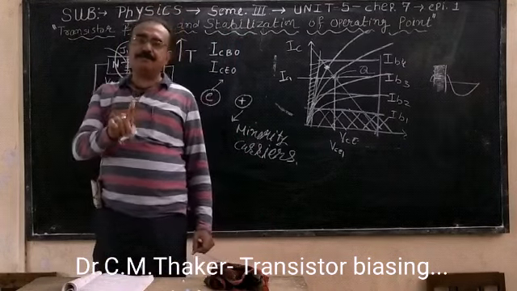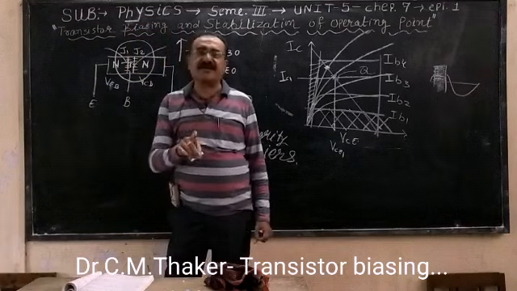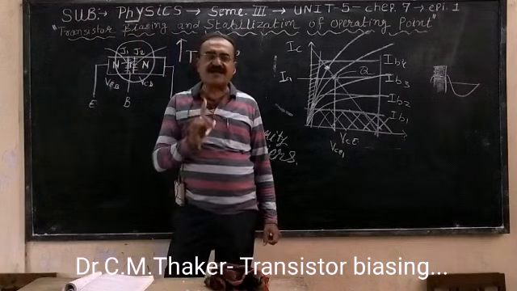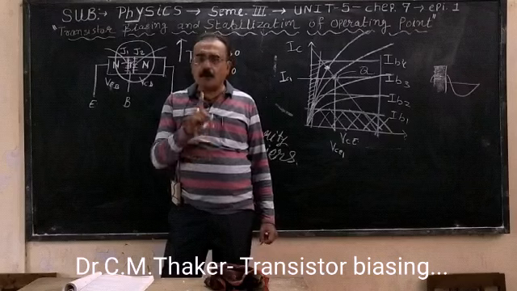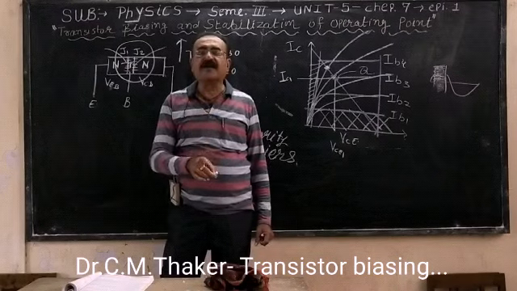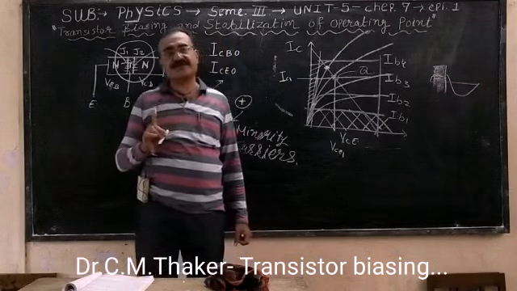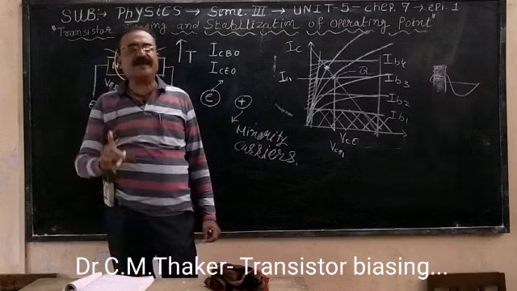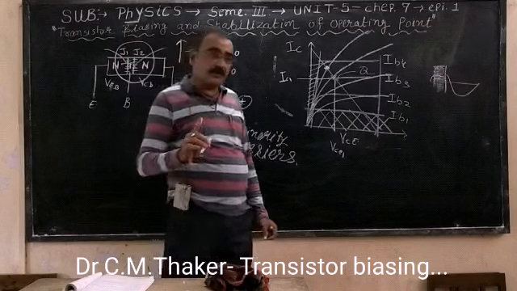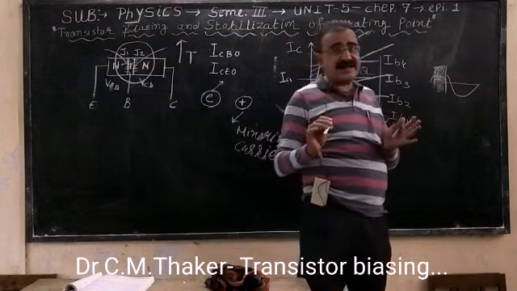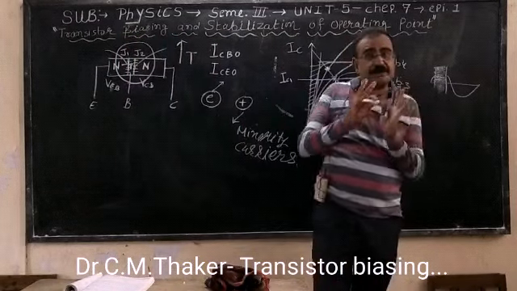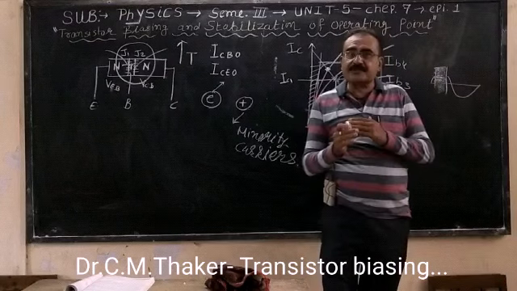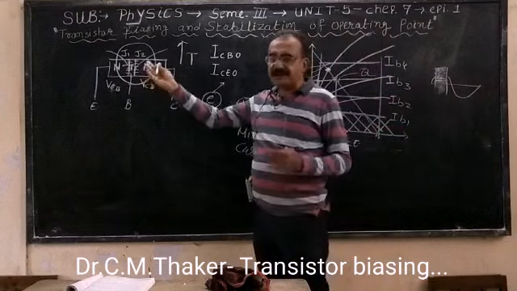You need to apply such a circuit to the transistor that the transistor can operate as an amplifier with faithful amplification. Faithful amplification has vital importance for any application. So the very important thing is that you are losing faithful amplification, and your transistor can be damaged.